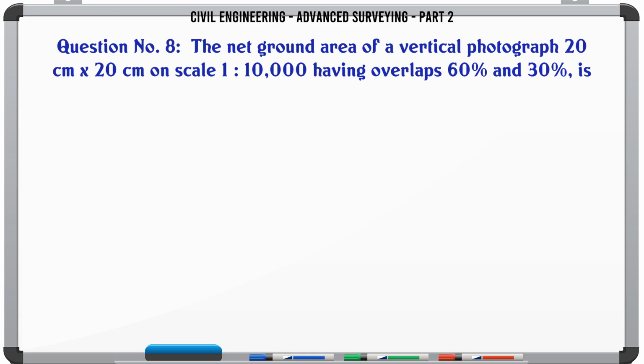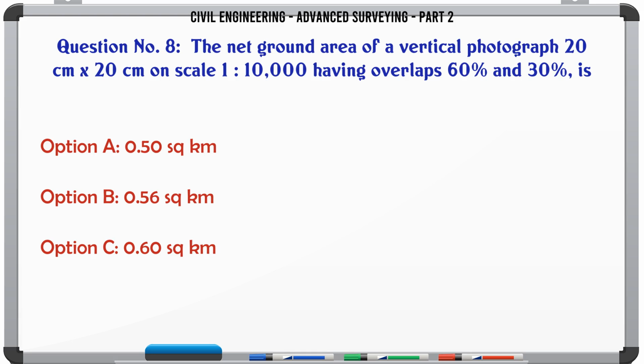The net ground area of a vertical photograph 20 cm x 20 cm on scale 1:10,000 having overlaps 60% and 30% is: A. 0.50 sq km, B. 0.56 sq km, C. 0.60 sq km, D. 0.64 sq km.